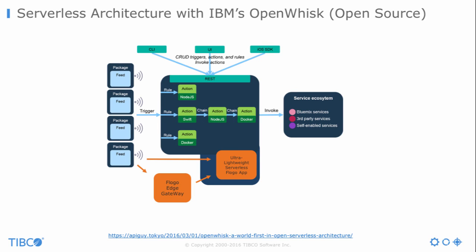In addition, you can use it in the Edge gateway, which can communicate with OpenWhisk services, which could of course also be non-Flogo services. And of course, you can also deploy Flogo in an Edge application. So the cool thing is that you can leverage Flogo in different parts of this IoT and service architecture.